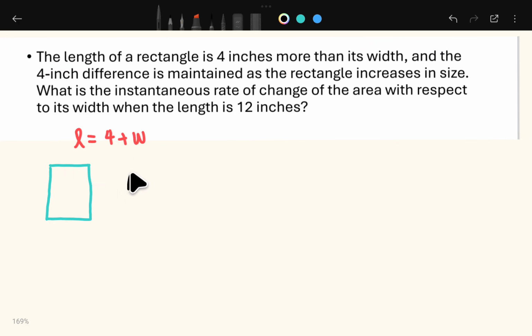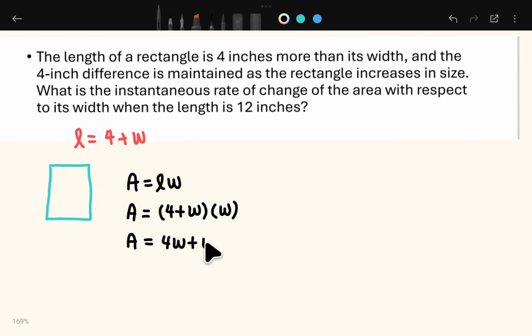So we know that area is length times the width, and length is 4 plus W. So we can express area in terms of width. 4 plus W times W. Area is equal to 4W plus W squared, or W squared plus 4W.